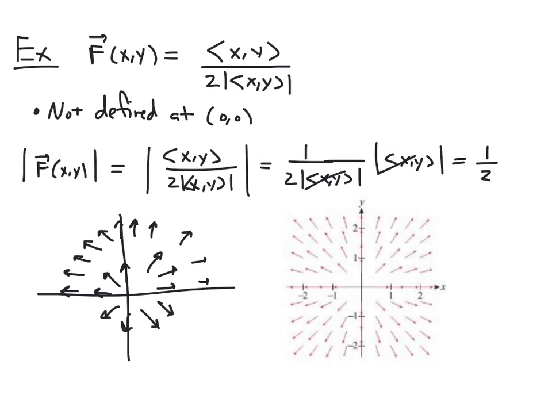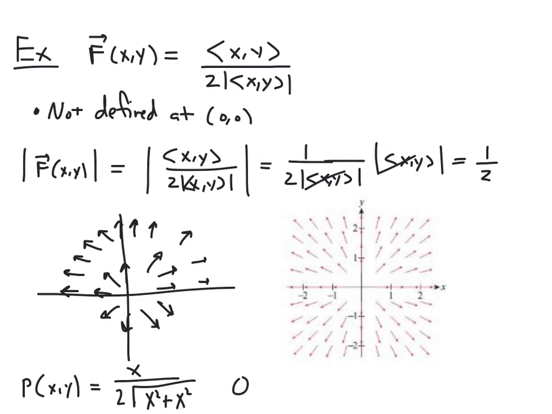Before we move on, I will point out that our scalar functions, while not directly given to us, are pretty quickly determined. P of xy is going to be the function with x in the numerator and, in the denominator, 2 times the square root of x squared plus y squared.